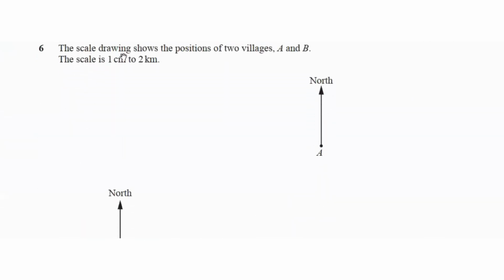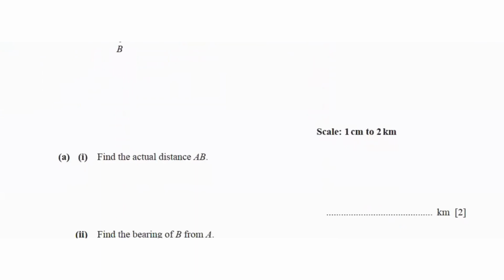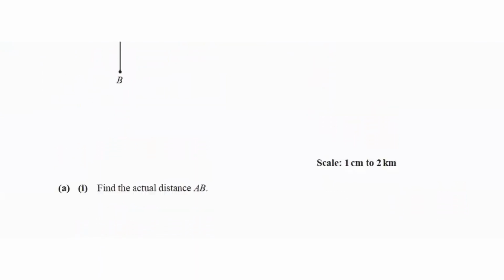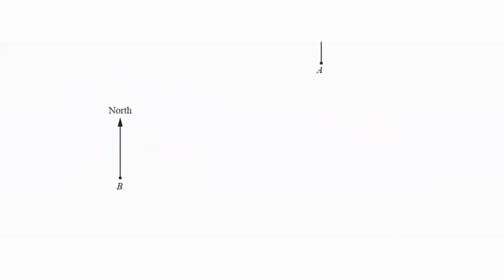Question 6 says the scale drawing shows the position of two villages A and B. The scale is 1 centimeter to 2 kilometers. Find the actual distance. So what you'll do is draw a line using a ruler from A to B, and you will measure this distance, and whatever this distance is, you will multiply that by 2 kilometers.